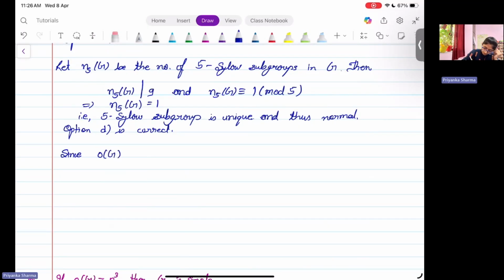So the order of G is given as 45, or actually 3 squared times 5.